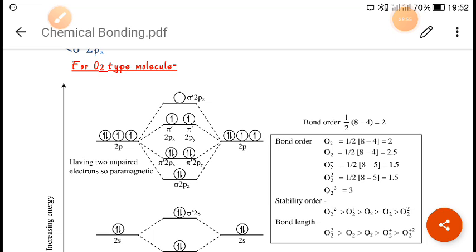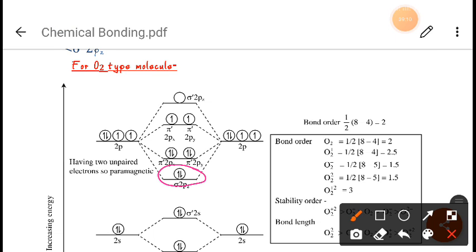Now it should be noted that in O2 molecules, this sigma 2pz orbital lies between pi 2px and pi 2py, right?